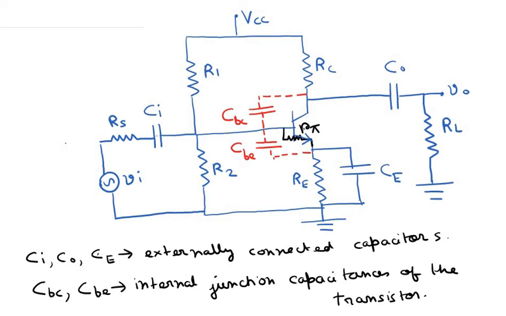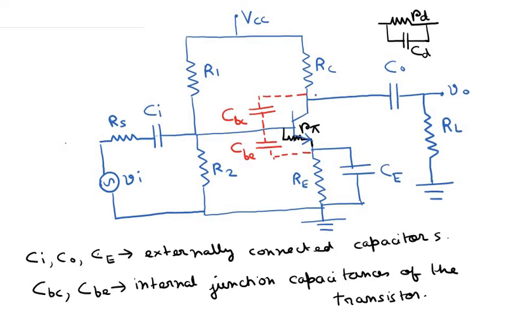This is also true for the diode. If you remember the small signal equivalent model for the diode, it consisted of the diffusion resistance RD and the capacitance CD, which takes into account both the depletion and the diffusion capacitance.